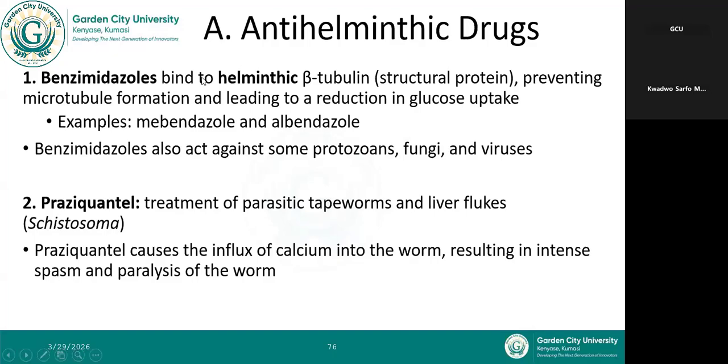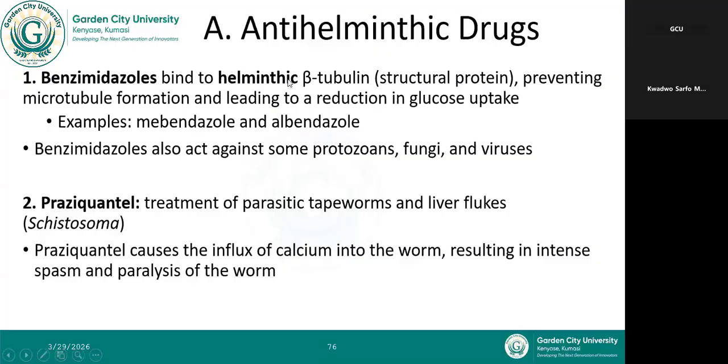For the antihelmintic, the worms that are able to invade the host, the benzimidazoles, example mebendazole, albendazole, they bind to beta-tubulin. These are proteins that maintain the structure or support the worms so that they can move, they can feed properly.